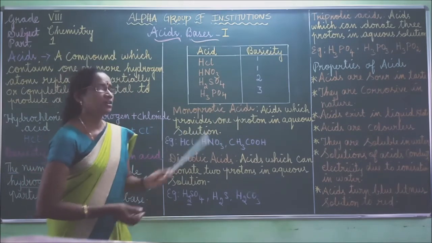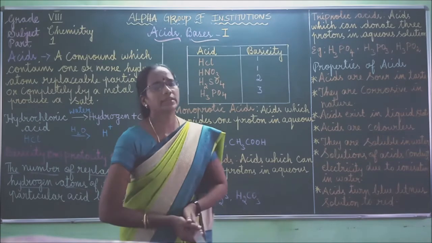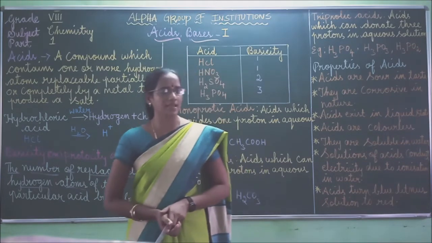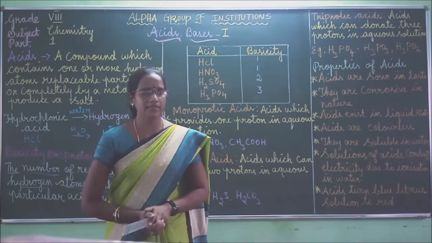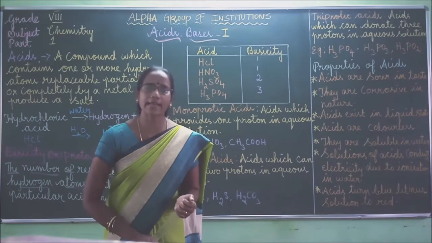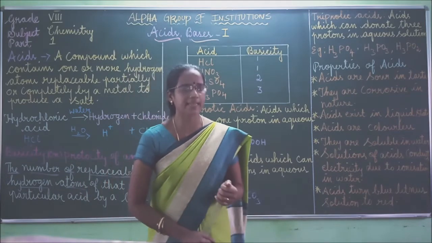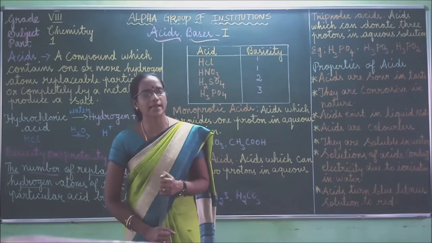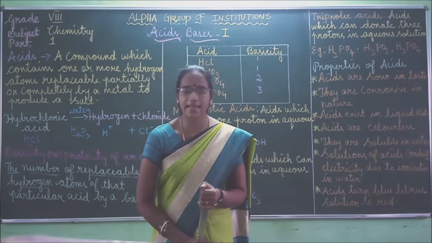Okay. Right. So next we can move to types of acids. Acids can be classified into 3 types. One is the monoprotic acid or monobasic acid. Second one is the diprotic acid or dibasic acid.